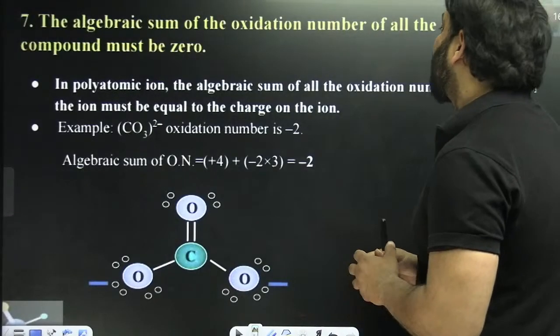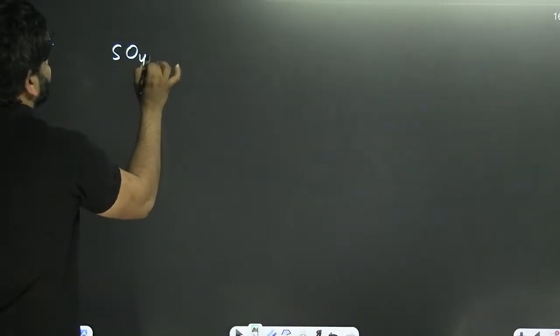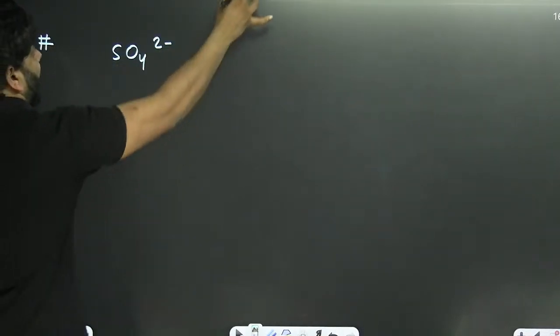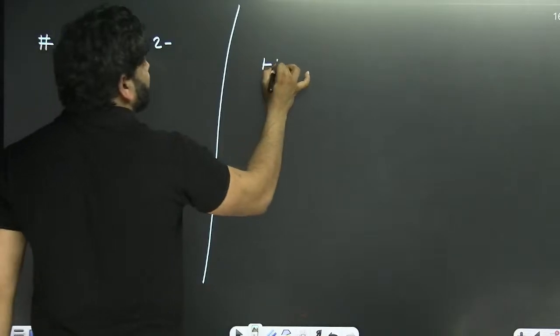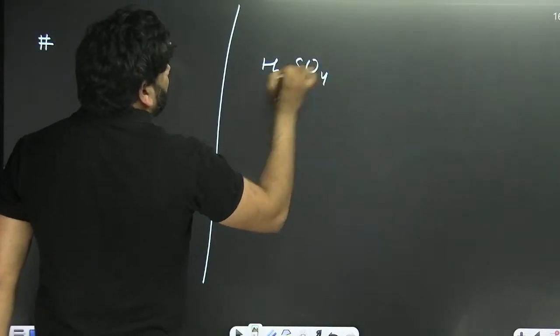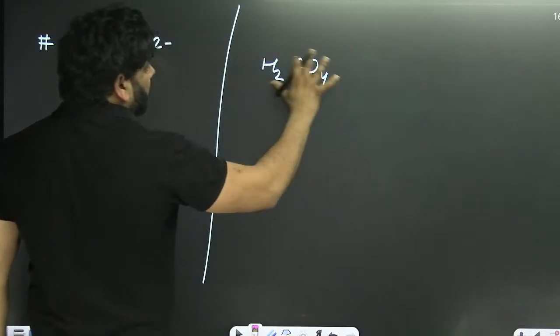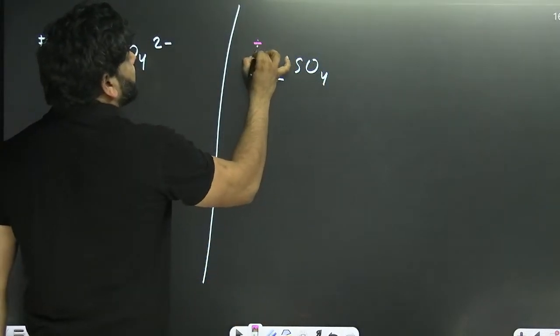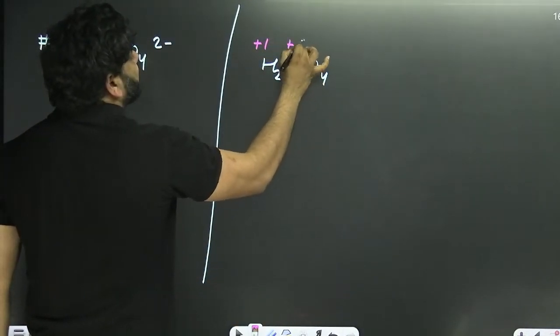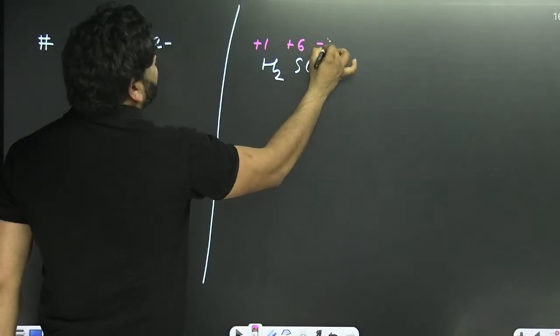Now we have another important rule here: the sum of all the oxidation states. So, guys, let us say we have one example. We have the sulfate ion, SO4 2 minus, and there is one more example, H2SO4. This is a neutral molecule, and in it hydrogen has a positive 1 oxidation state, sulfur has a positive 6 oxidation state, and oxygen has a -2 oxidation state.